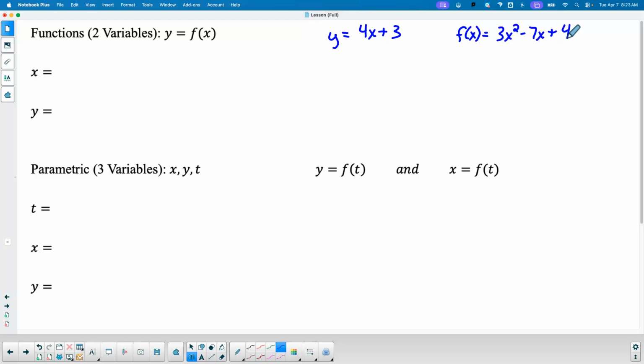In those functions, the x value, found it, it was just buried. The x value is your independent variable.